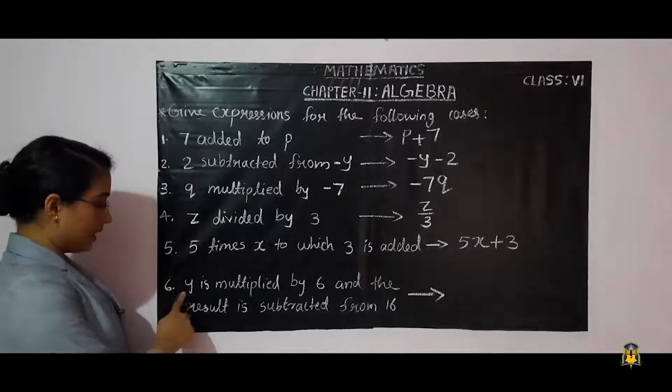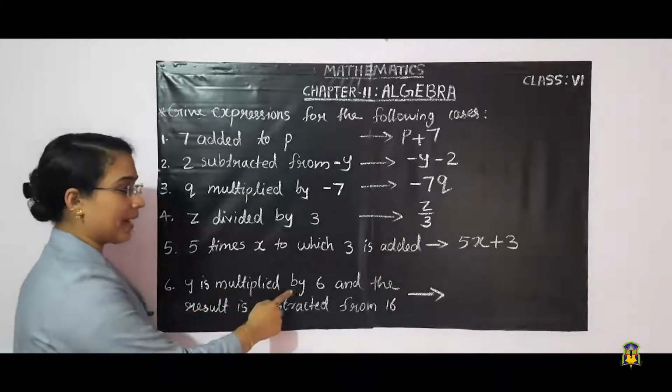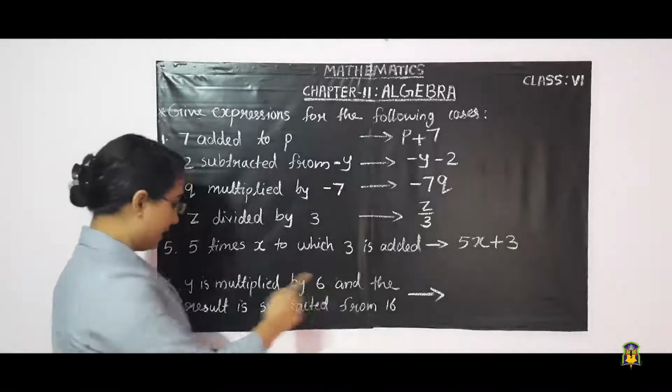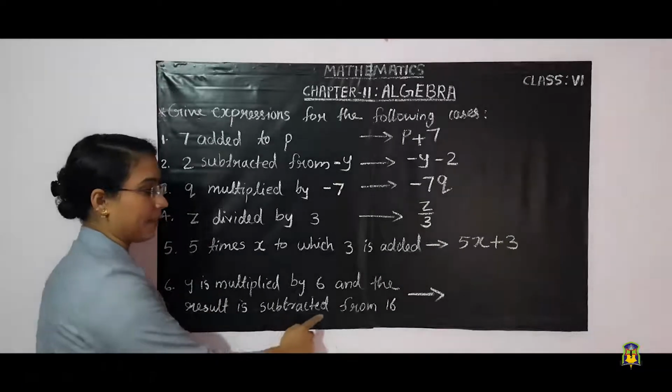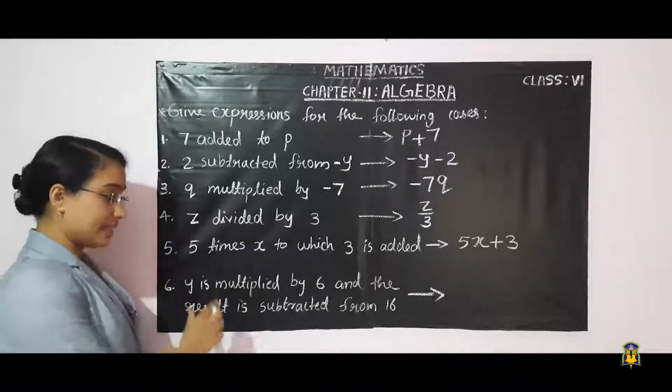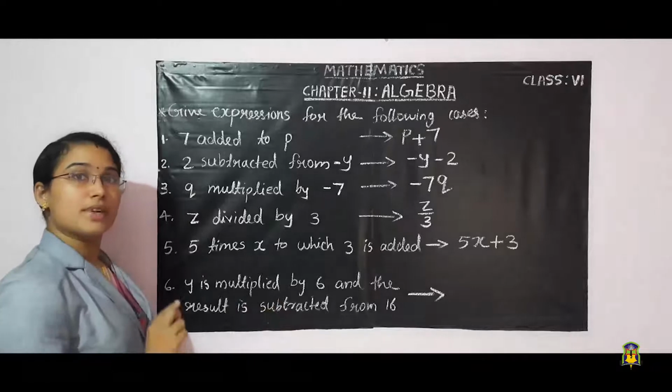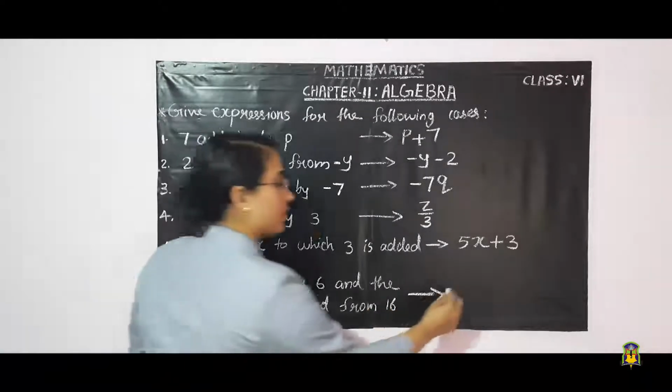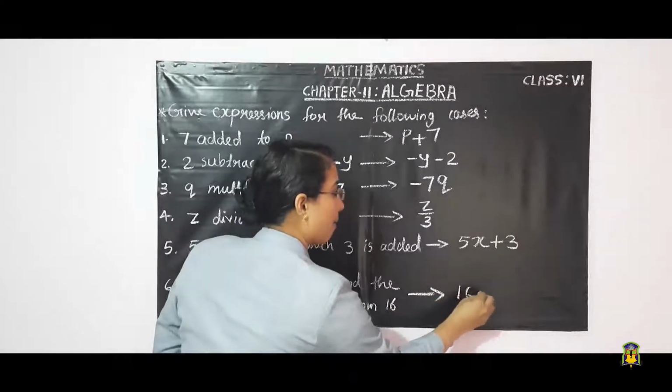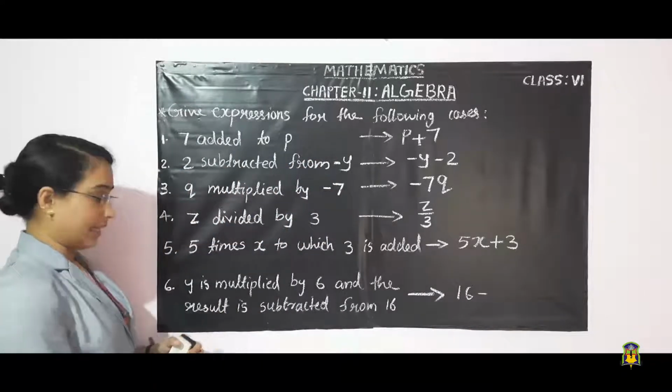The last question. Y is multiplied by 6 and the result is subtracted from 16. So first we want to write 16. Then minus what we are subtracting? The result.